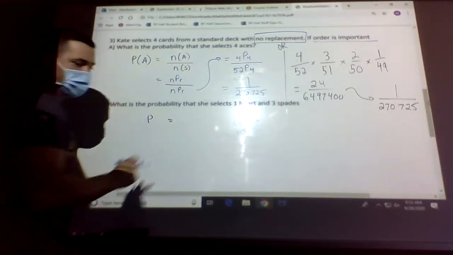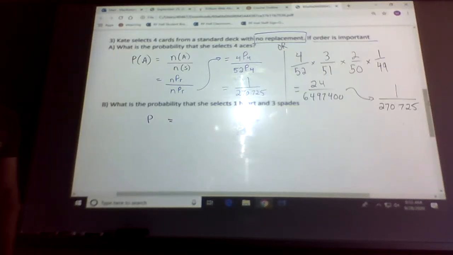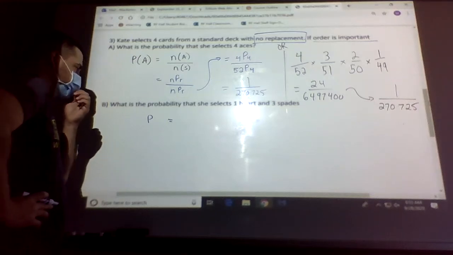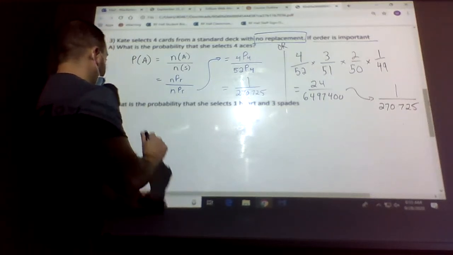I'm just going to show you. I'm going to separate it. Let me think out what I want to show you. I'm going to do the longer way first.